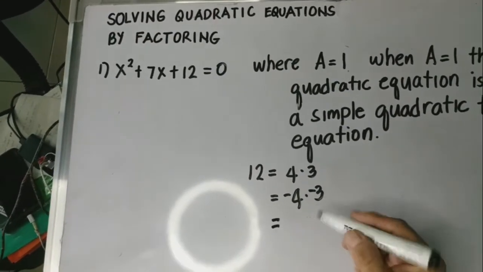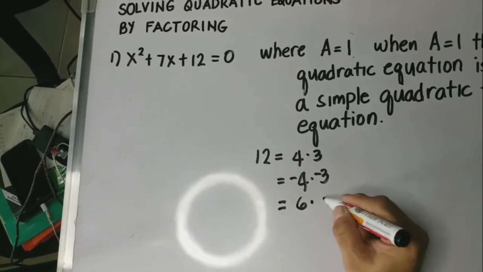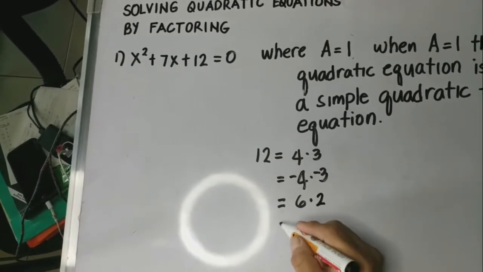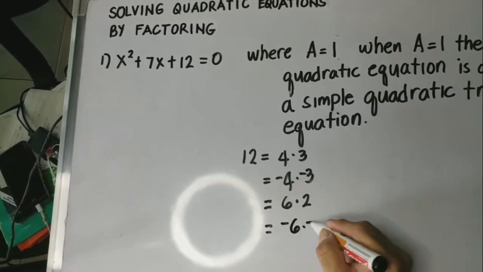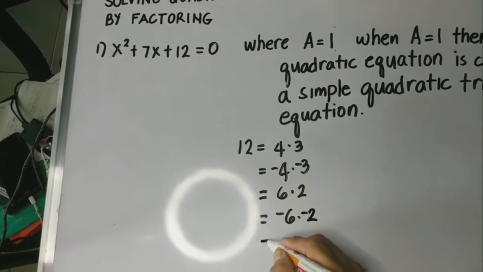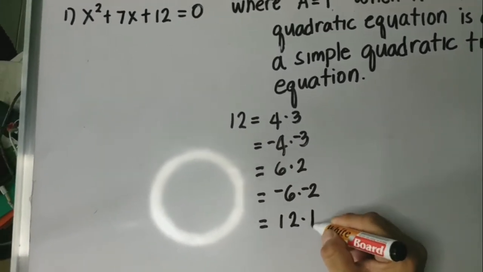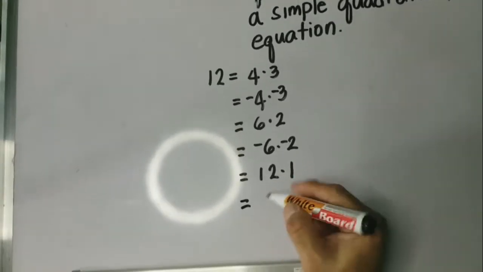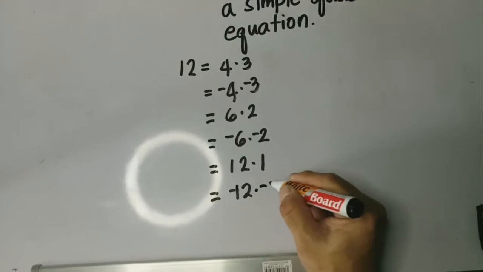Another factors are 6 and 2. Another factors, negative 6 and negative 2. Another factors, 12 and 1. Another factors, negative 12 and negative 1.